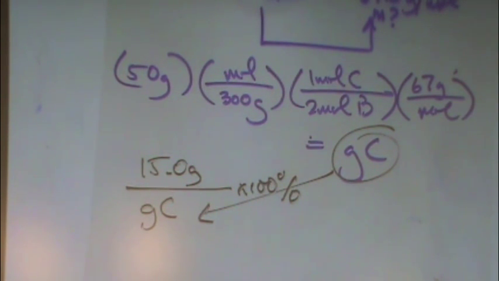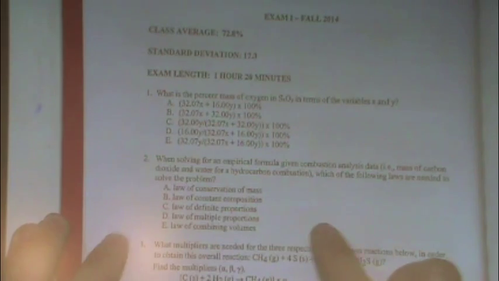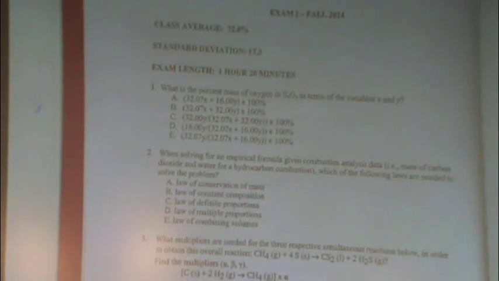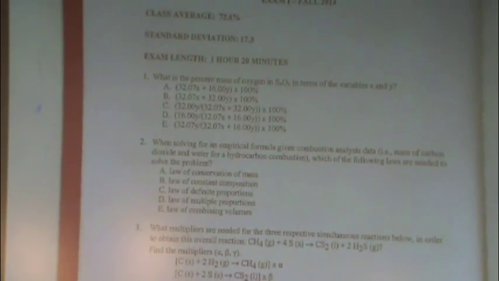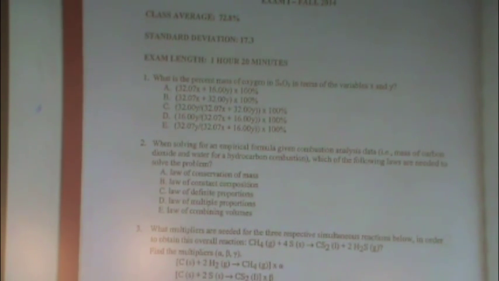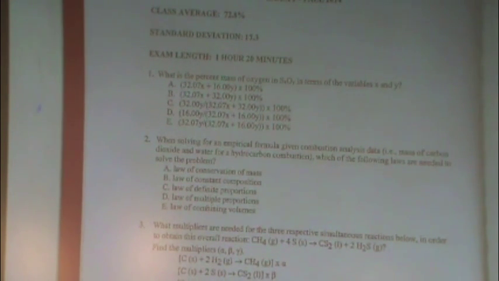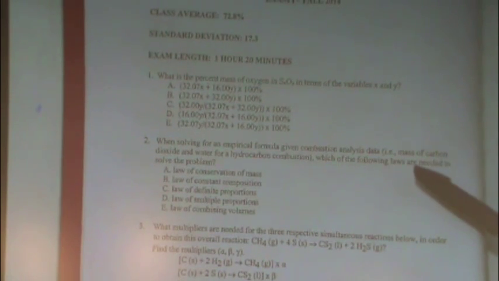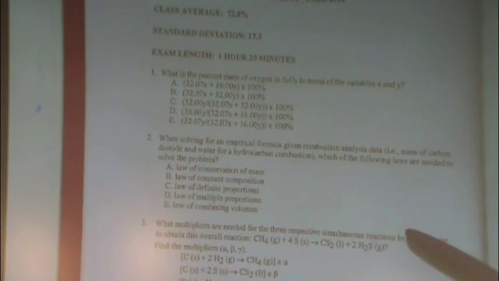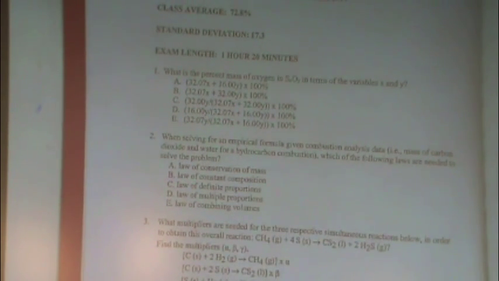Page 11, question 11. This one. What's the deal here? I was confused which one to use. When solving empirical formula combustion analysis problems, which of the following laws are needed to solve the problem? I was looking for the law of multiple proportions because you need to divide by the smallest number.